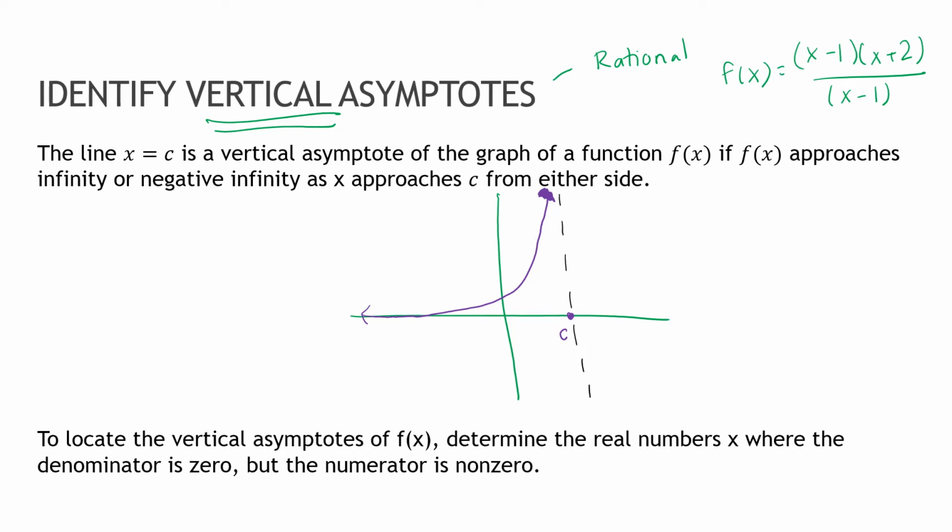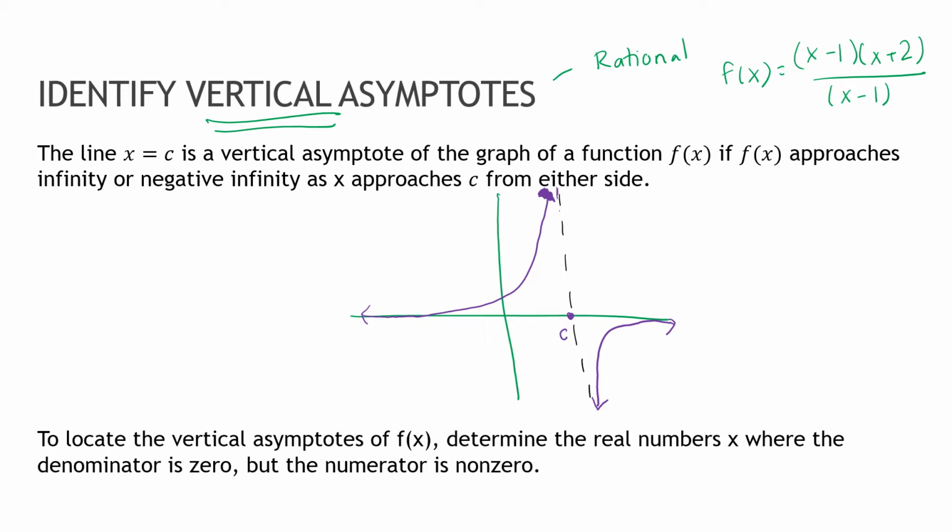So if I were looking at a vertical asymptote, that's what it does. It says it's going to go up forever, but it's never going to actually cross this line. From the left, it's going to go down forever, perhaps. So this is a sample type of rational graph that you might see.